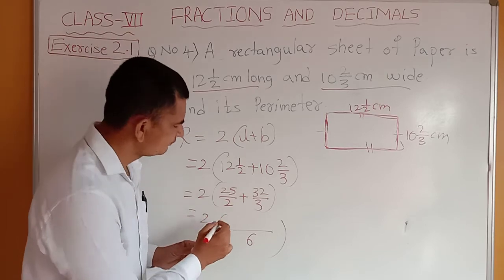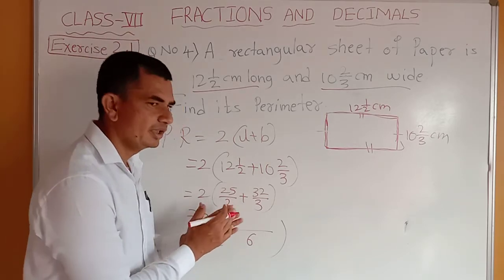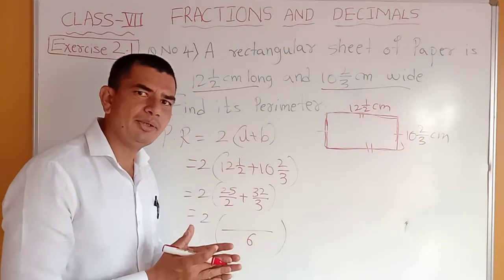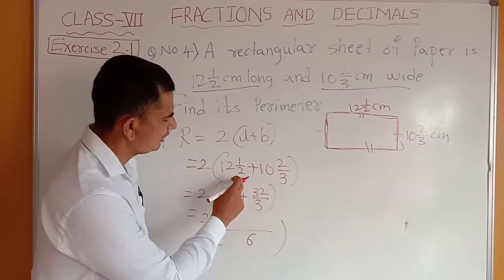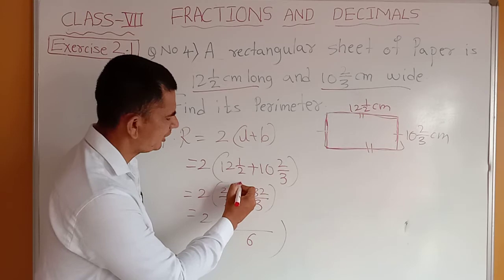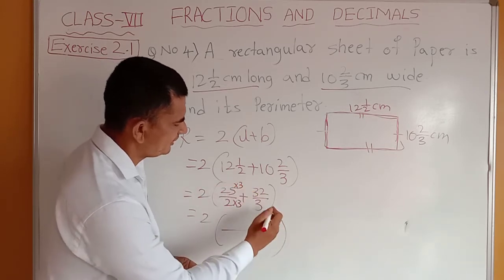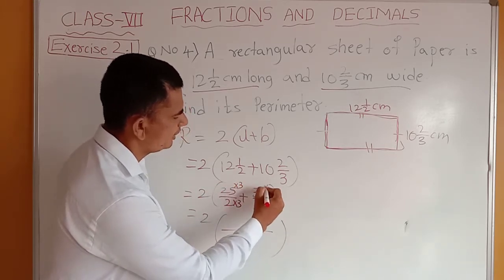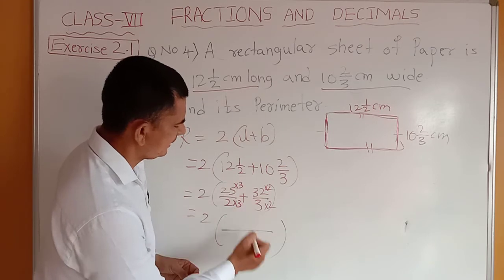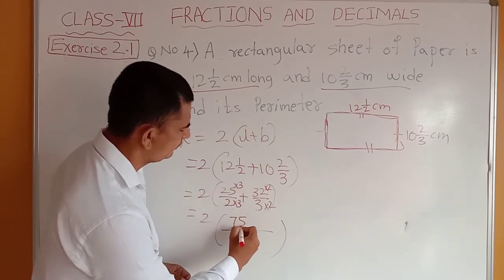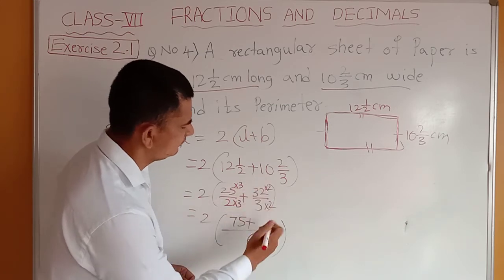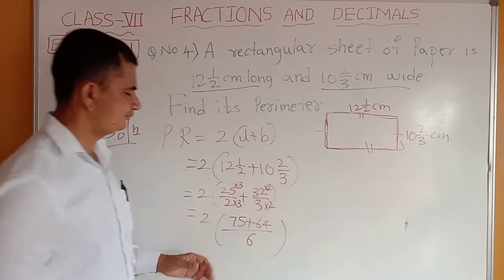From which number if you multiply 2, you will get 6? 2 threes are 6. The same number we multiply with the numerator. 3 times how much is 6? 3 twos are 6, so here also 2. So 25 threes are 75 plus 32 twos are 64.